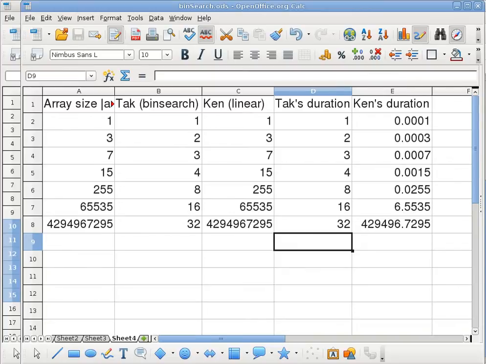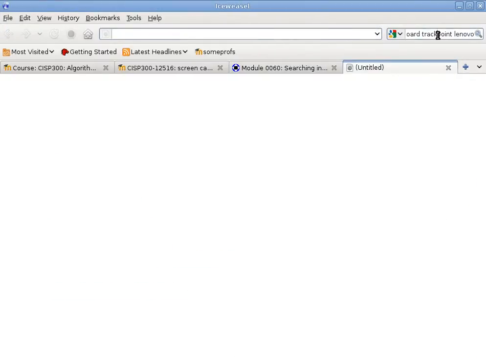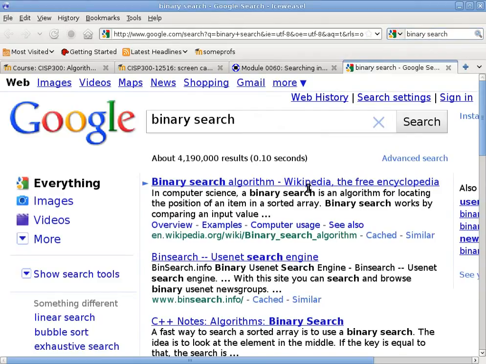Let's go to Wikipedia and take a look at the two search algorithms that we have just looked at and see whether it has any entries to talk about how fast exactly this algorithm is. So we just look for binary search.